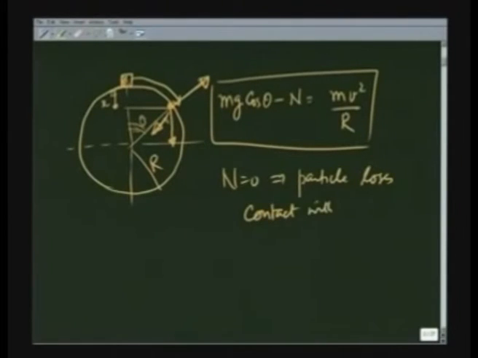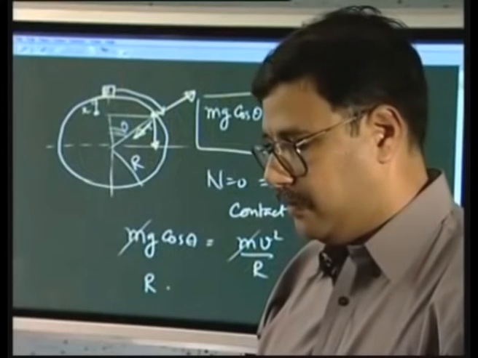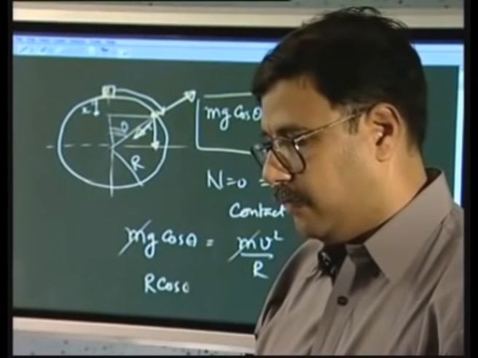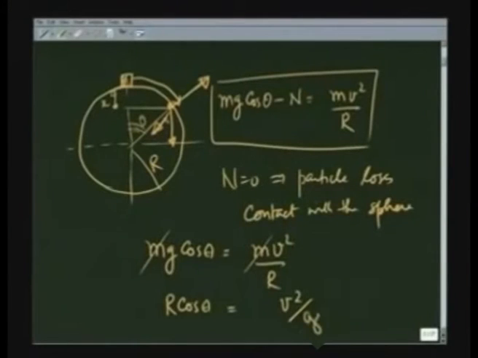with the sphere. So, at that point I am going to have m g cosine theta equal to m v square over r, and therefore, r cosine theta is equal to v square over g. I have already calculated v square.